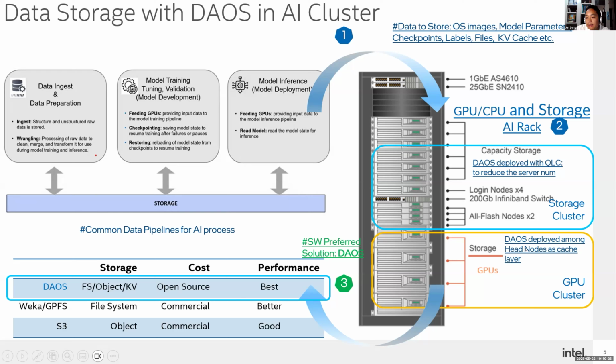We can deploy DAOS with the resources on the head nodes to work as a cache layer. You know that the CPU resource and the NVMe disk resource are often idle most of the time, so we can leverage these resources to deploy DAOS as a cache layer.